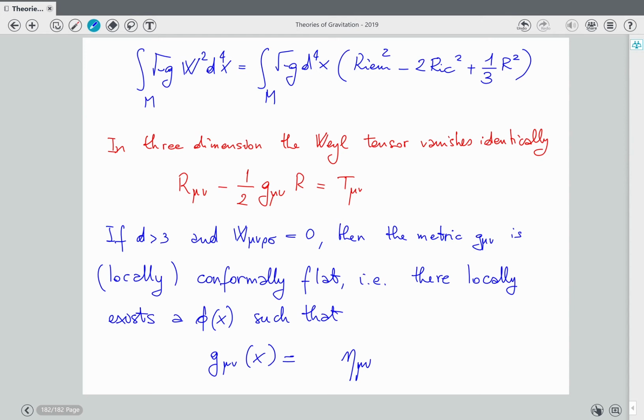That is what it means. Very simple metric, just a flat space metric up to a conformal factor, which is this e^(2 phi) or something.